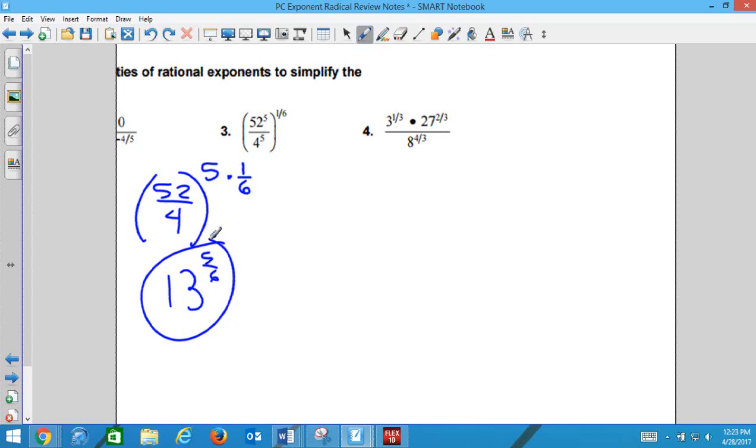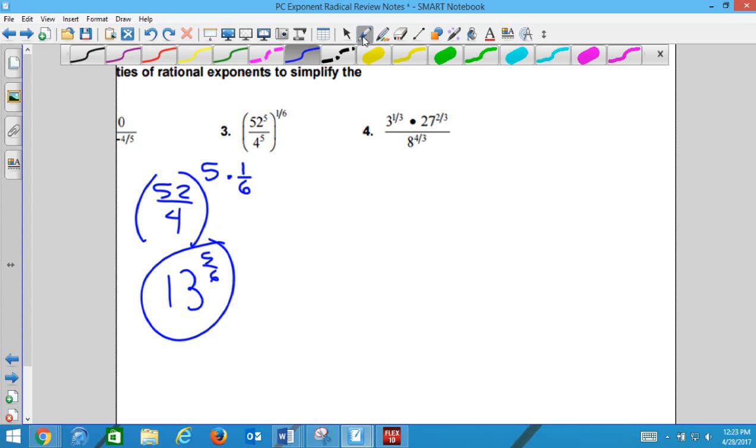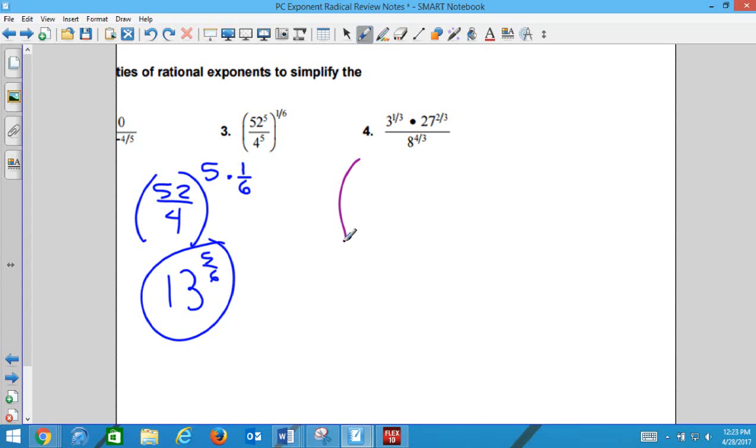Thinking about that, same kind of idea: what do all of these have in common? All of them have the third on the bottom, so I'm going to pull out that third. This one's going to take up a little bit of space, just so you know. So I pulled it out, it's 1/3. And then I want to make this as simple as possible.